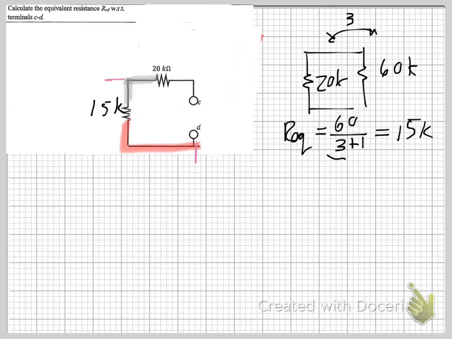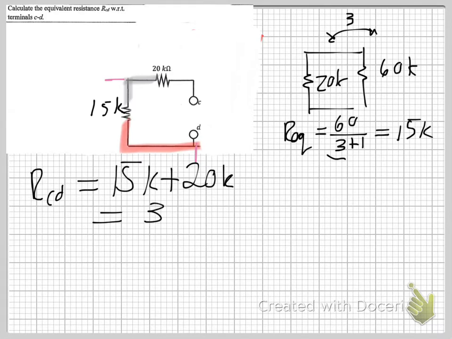So now you can see that your equivalent resistance, R of CD, is equal to 15K plus 20K, which is 35 kilo ohms.